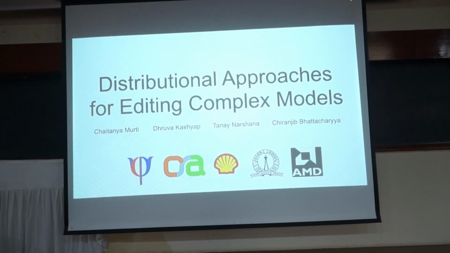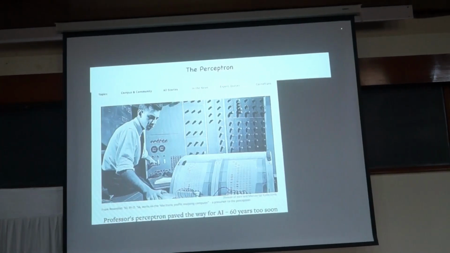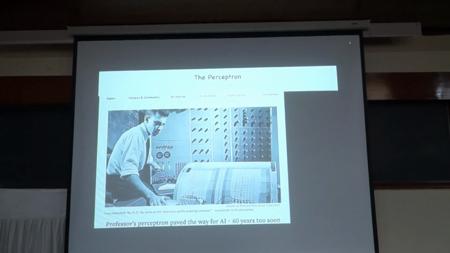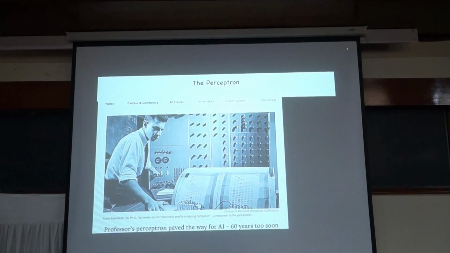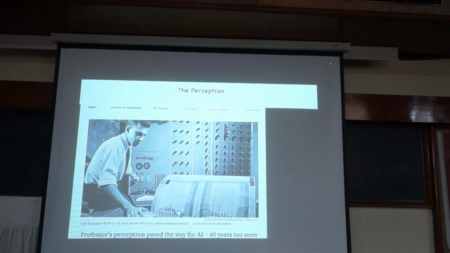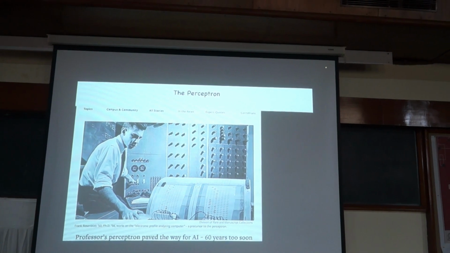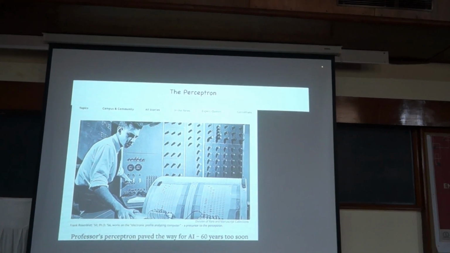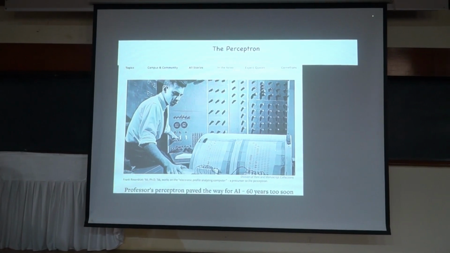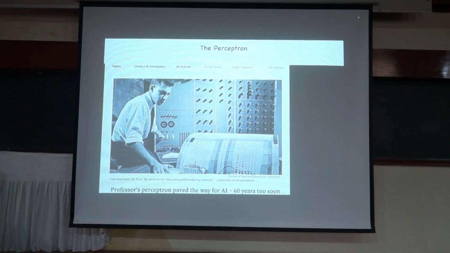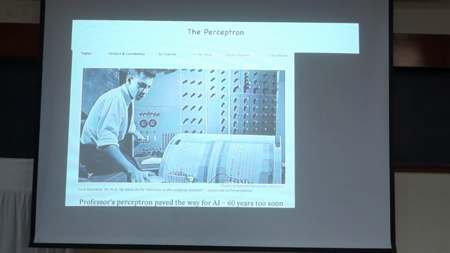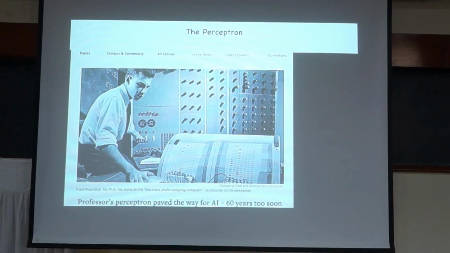Okay, so let's get into the topic. Maybe this community doesn't need to know this, but it's prophetic in many ways. Here is an article which Cornell University put up on its website to celebrate the modern day progress in AI. This is the picture of Rosenblatt in, I think, the 1950s at Cornell.